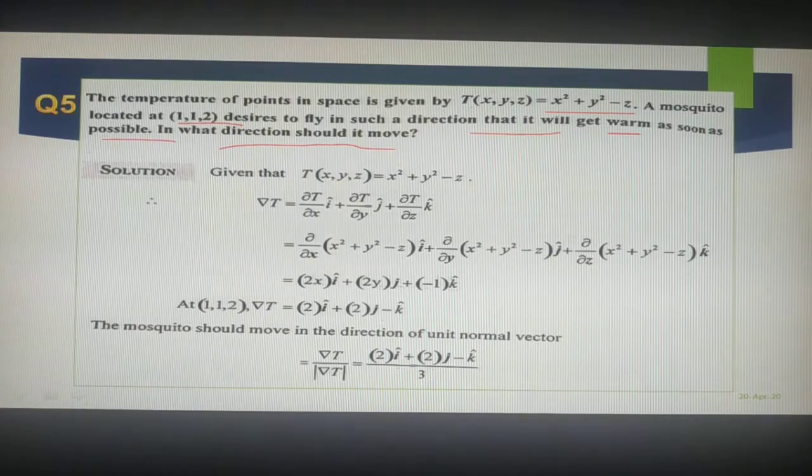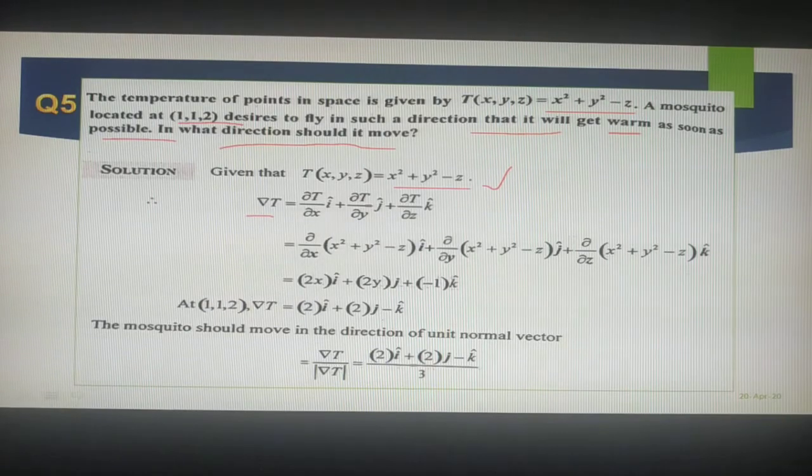Let us see. So this is your scalar point function, the temperature function. So you will find del T, isn't it? That is grad T. So grad T at this point is this one, and we need to find it in the direction of, where is that located, at (1, 1, 2), isn't it?